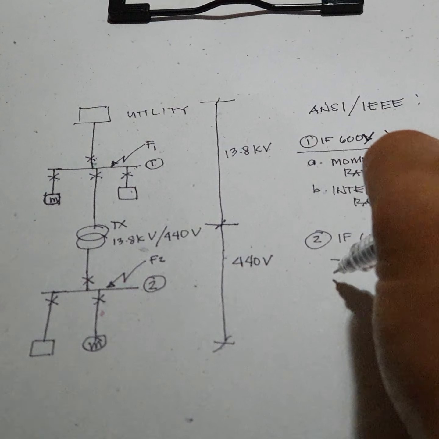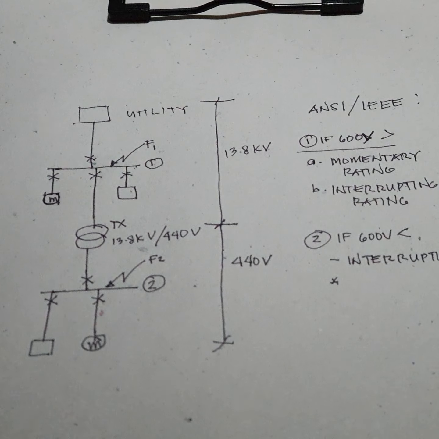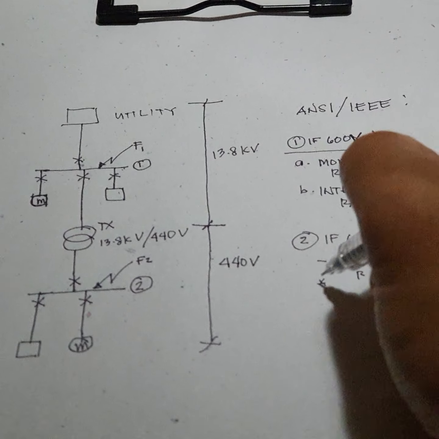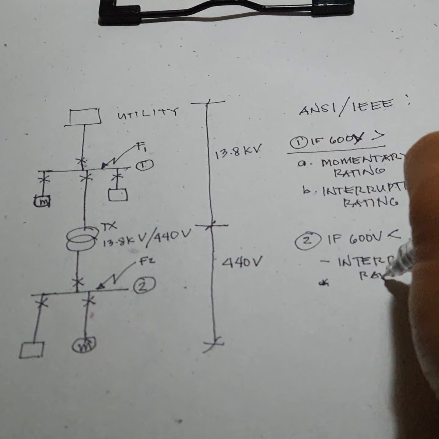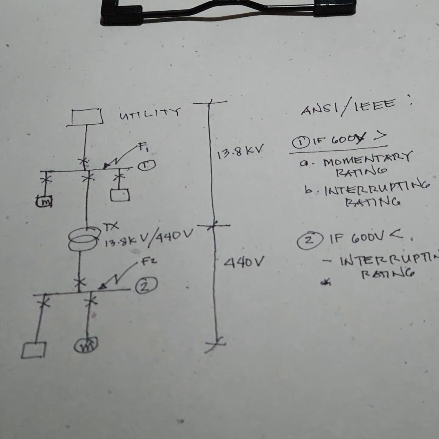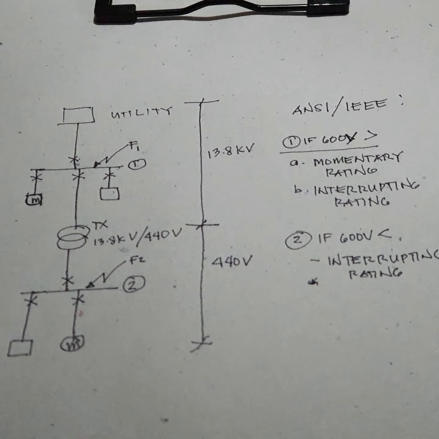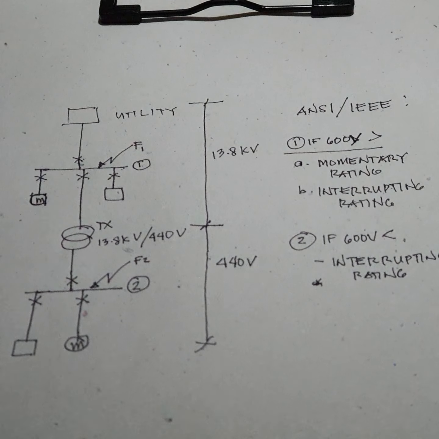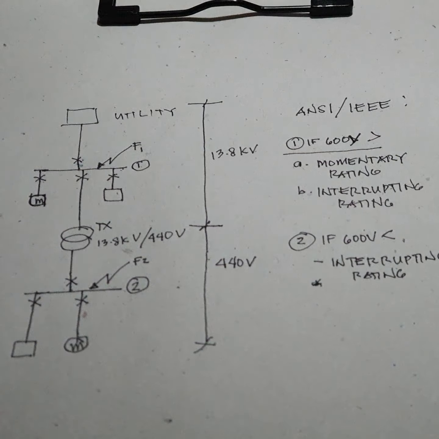Then if you are preparing the impedance diagram, let's say this is the interrupting rating. Why only the interrupting rating? Because the low voltage breakers are fast tripping devices.